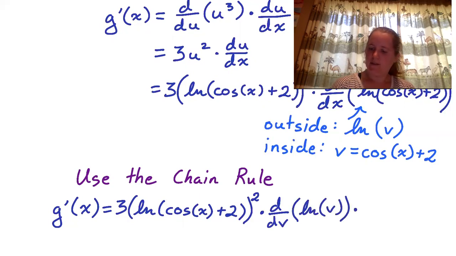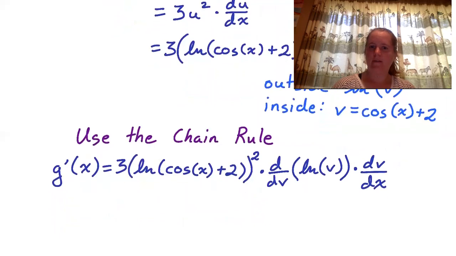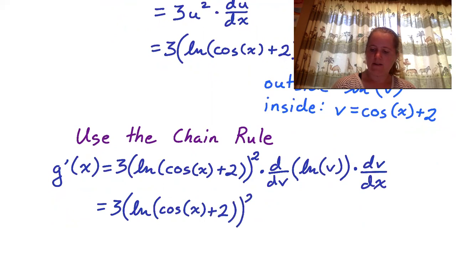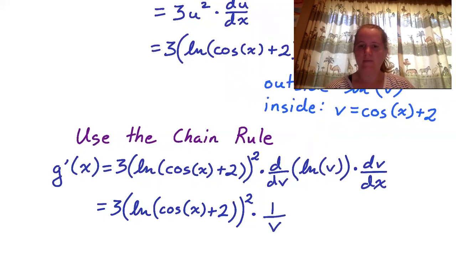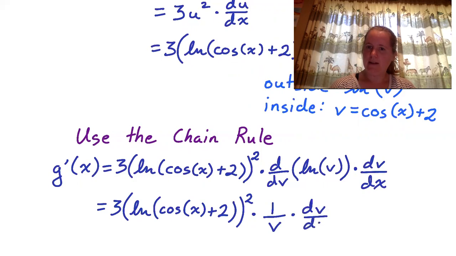And then we have times the derivative of v with respect to x. So this becomes 3 times the natural log of cosine of x plus 2, the entire natural log squared. The derivative of natural log of v is 1 over v. And then we multiply by the derivative of v with respect to x.